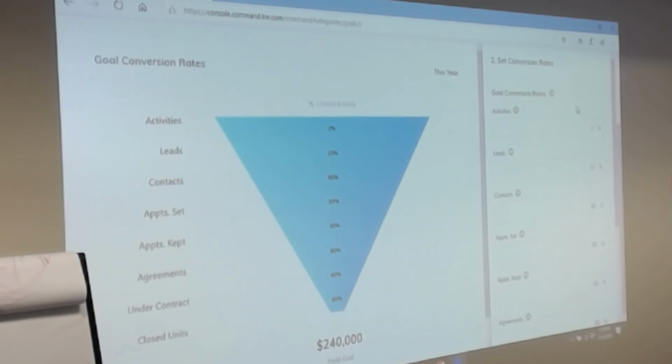And then, if 2% of your activities are going to turn into actual leads, how many of your leads are actually going to turn into a contact? What they're talking about there is, you make a phone call or you get an inquiry on realtor.com or whatever, that would be a lead. If somebody gave you a referral to another person, or you got that lead from realtor.com or something.